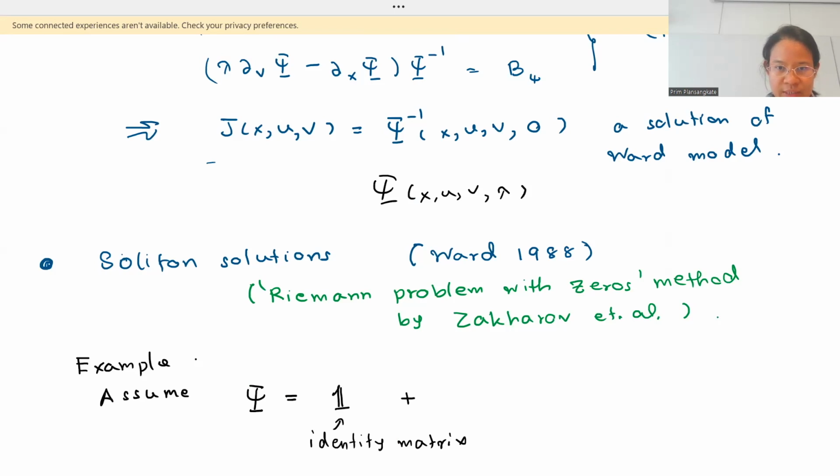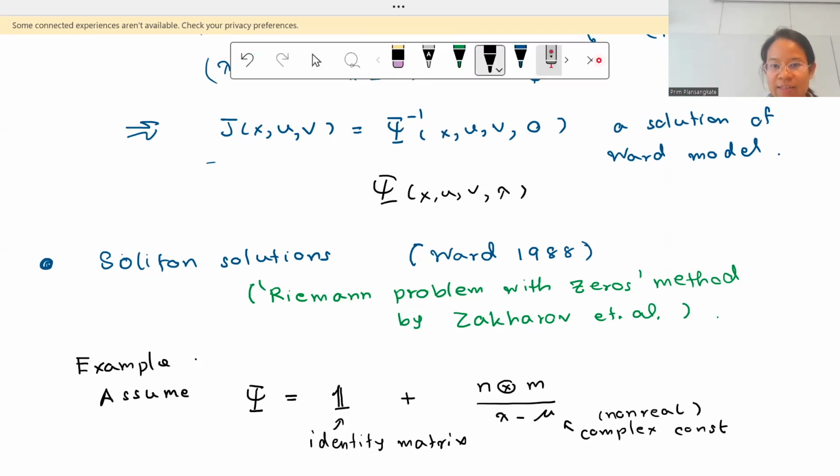And this matrix is of the form where mu is just a complex constant. In fact, it has to be non-real, so it can't be a real number. It's a complex constant that is not a real number. Okay. And lambda is our parameter.